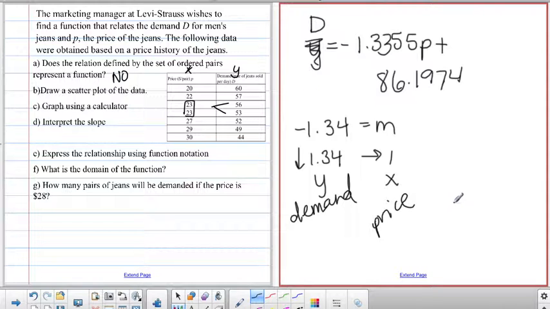So in context, we can say if the price went up by 1, then the quantity sold per day decreased by about 1.34 pairs of jeans.